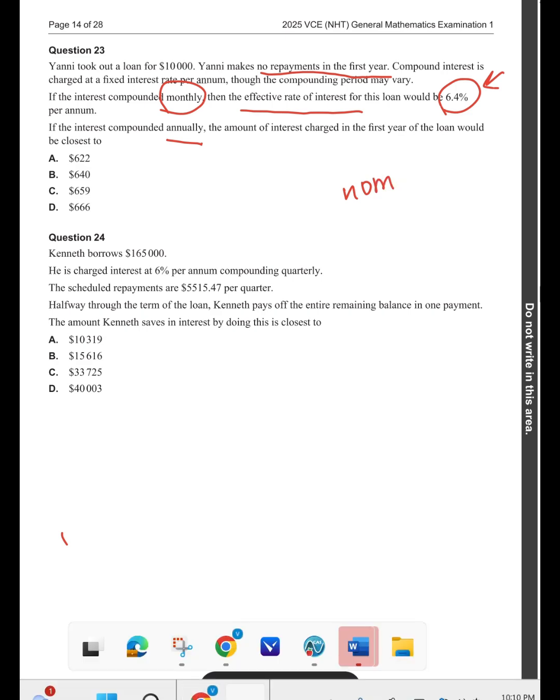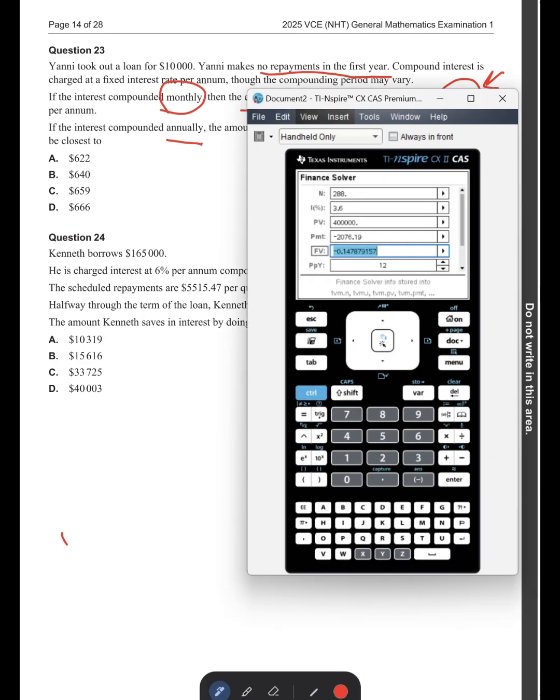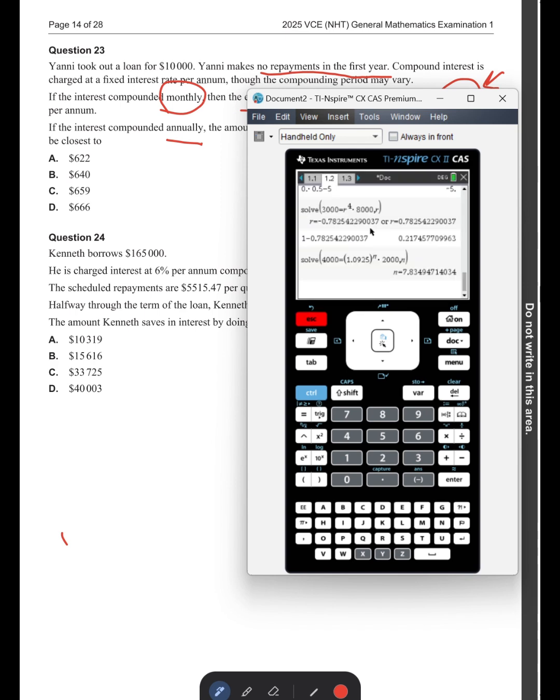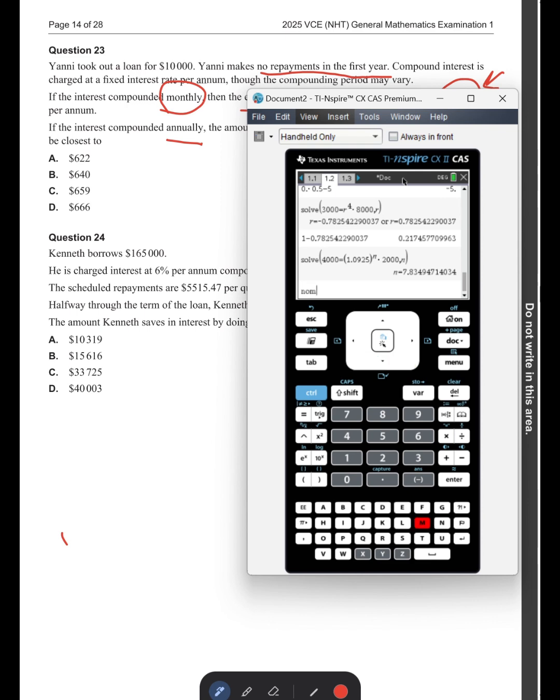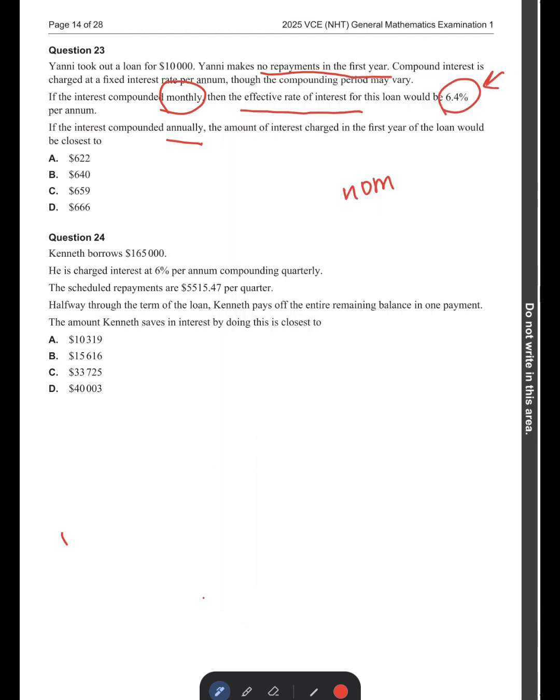All right, so I'm going to use my CAS and I'm just going to type in NOM. Okay, NOM is going to give me my nominal. NOM, open brackets. I'm going to have 6.4 comma 12 because that's what it was when it was monthly. Okay, so that gives me an interest rate of 6.2196.